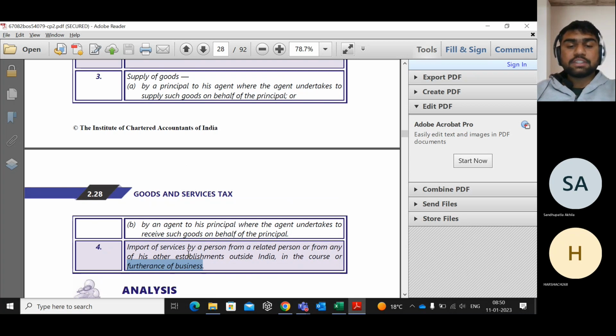Here, import of services from a related person, there it is for consideration, whether or not in the course or furtherance of business. Here, without consideration, only if it is in the course or furtherance of business, then it will be treated as supply.